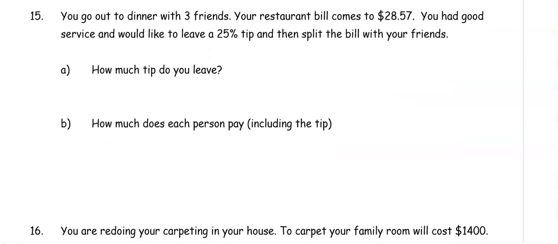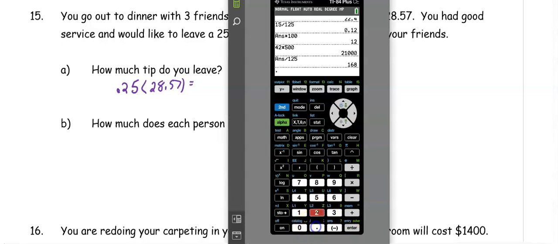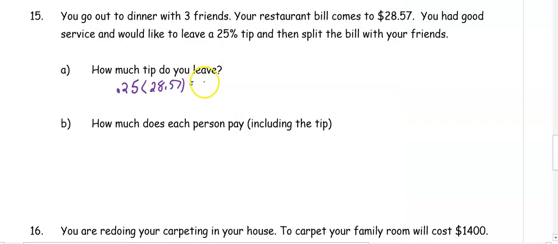Number 15, you go out to dinner with your friends. The restaurant bill comes to $28.57. You had good service and would like to leave a tip of 25%. So how much is the tip? Write 25% as a decimal, so 25% is 0.25, and multiply it by the bill. And we get that our tip was $7.14.